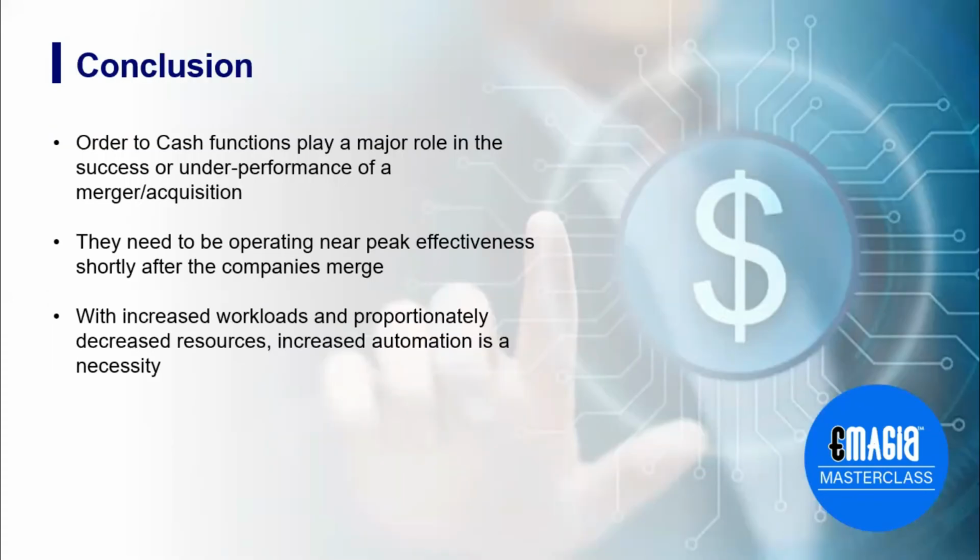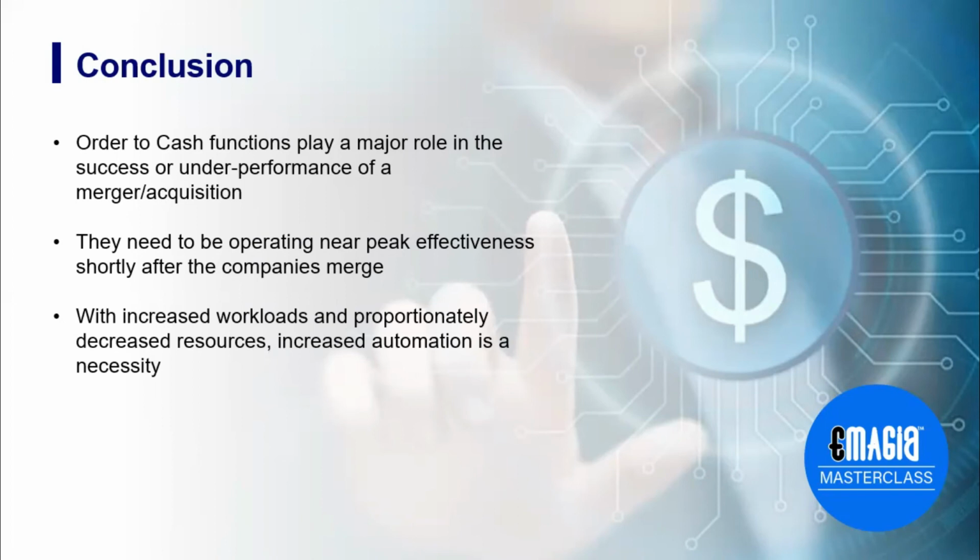I went through this a little fast, but what are the conclusions I'd like you to take away from today? One, O2C functions play a major role in the success or underperformance of integrating acquisitions. A much higher role than you might think. And the need is unrelenting.